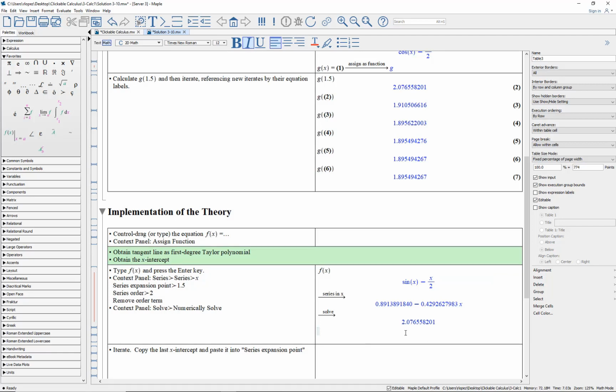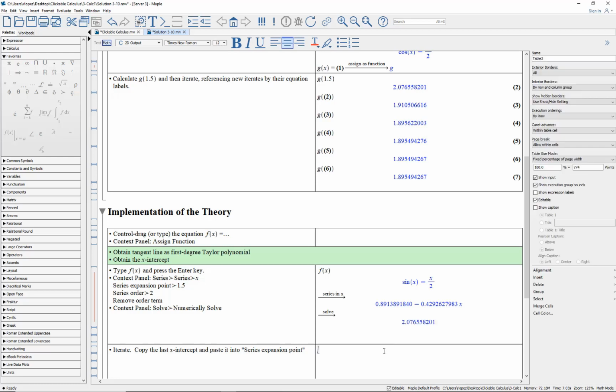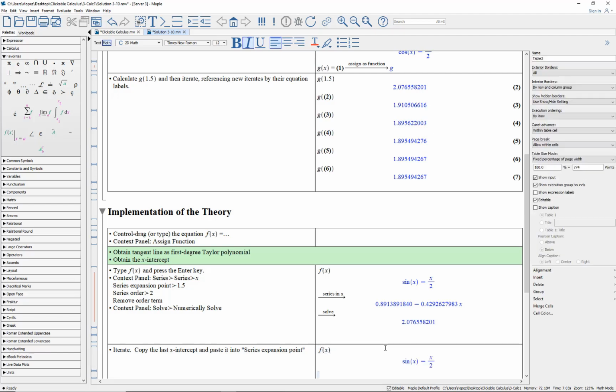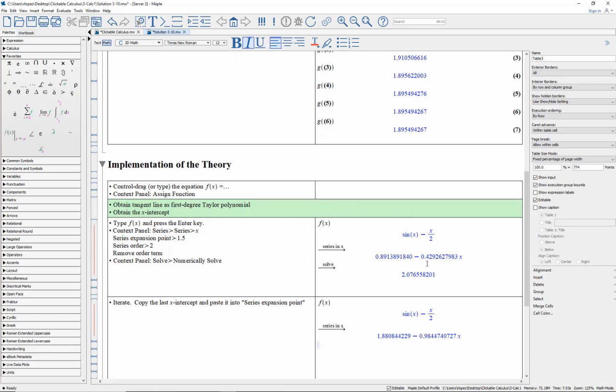Now, we want to do this same process again, with this being the expansion point, because we want the tangent line at that point. So f of x, series in x, expansion point, second order, no order term.